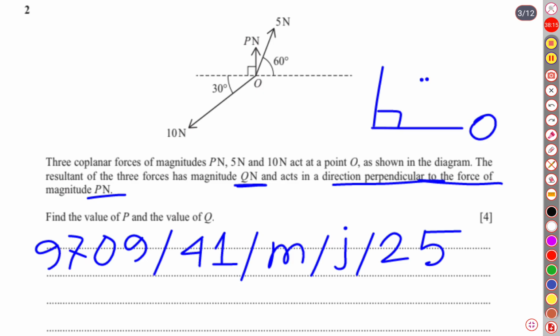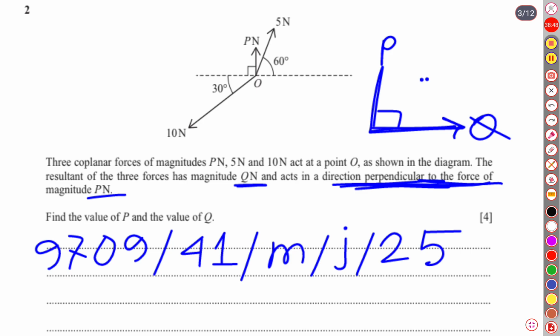This is actually the twist of this question, because we may get confused about where Q can lie, or what the direction of Q is. Once again, as they have told, Q will be perpendicular to P. So this is actually our Q.